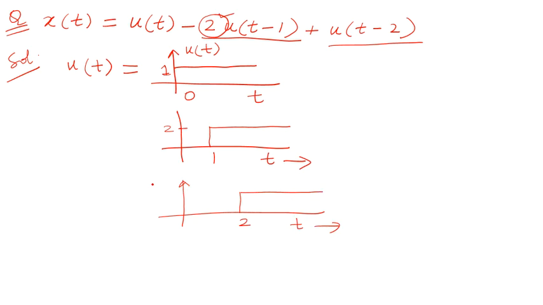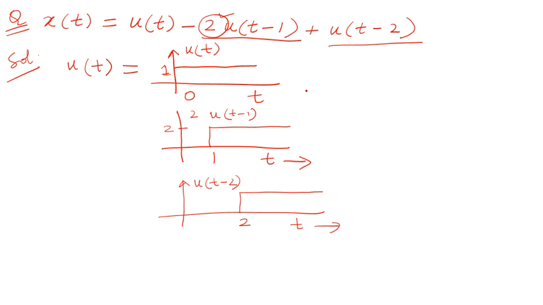So this signal is u(t minus 2), and this signal is twice of u(t minus 1). Okay, so let me erase this bracket, this one. Okay, now it is fine.